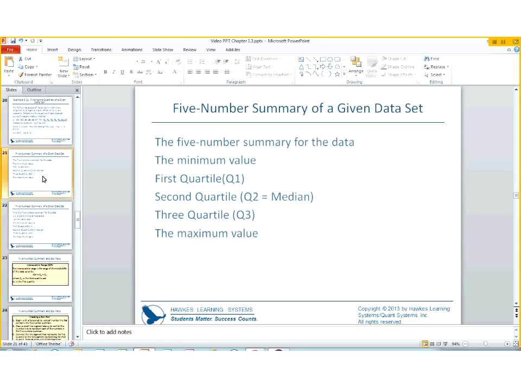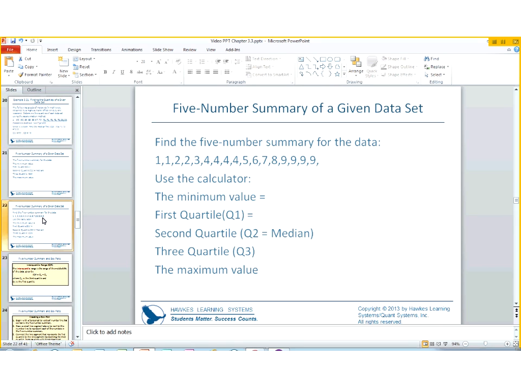So let's talk about the 5-number summary. We already talked about the first quartile, the second quartile, and the third quartile. All you're doing is adding the minimum value and the maximum value to it. Let's do an example. If you put this into your calculator, you go to Stat, Edit, and then put 1, 1, 2, 2, 3, 4, 4, 4, 5, 5, and just put all the data like it is.